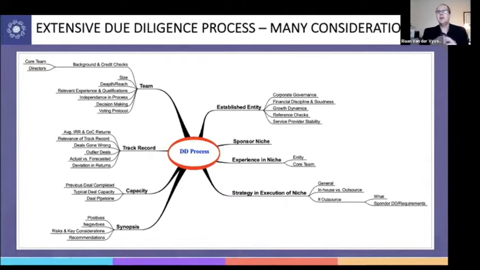So then if we look at the niche, we want to deal with specialists. We don't want to deal with generalists. So from that point of view, it is quite important for us to understand what is this niche. Now, a niche could be a specific asset class, or it could be a specific region, that a sponsor only does property in that specific area.